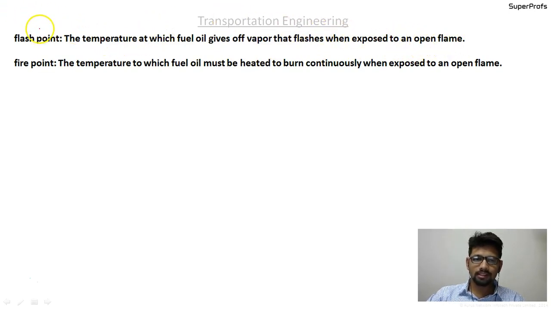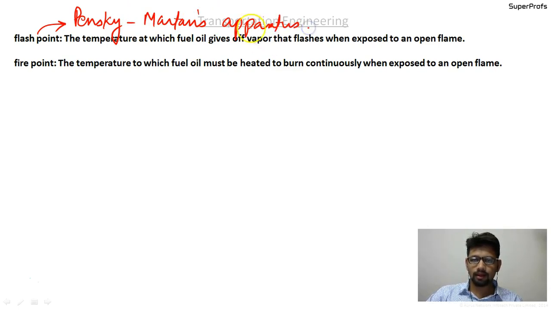So in this test there is an apparatus named the Pensky-Martens apparatus. It is used, and this name is such a complicated name, but it is nothing but just a dabba.